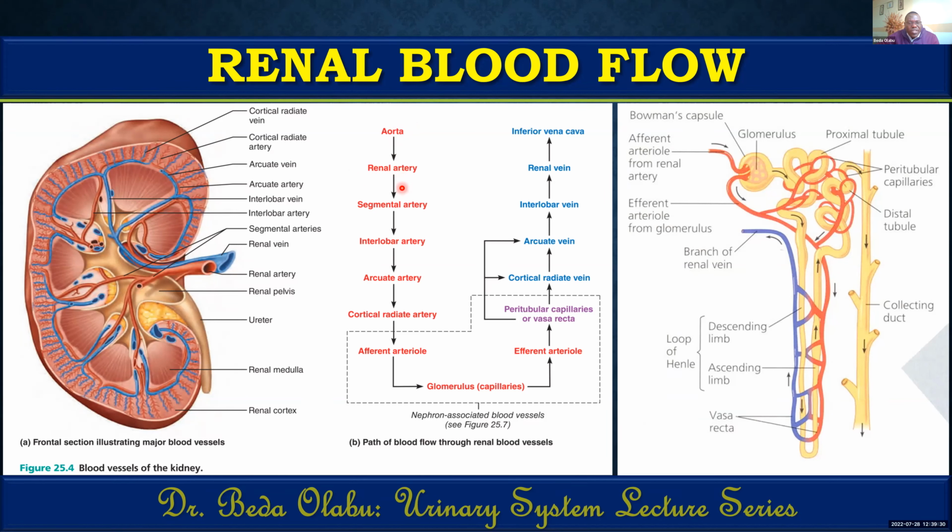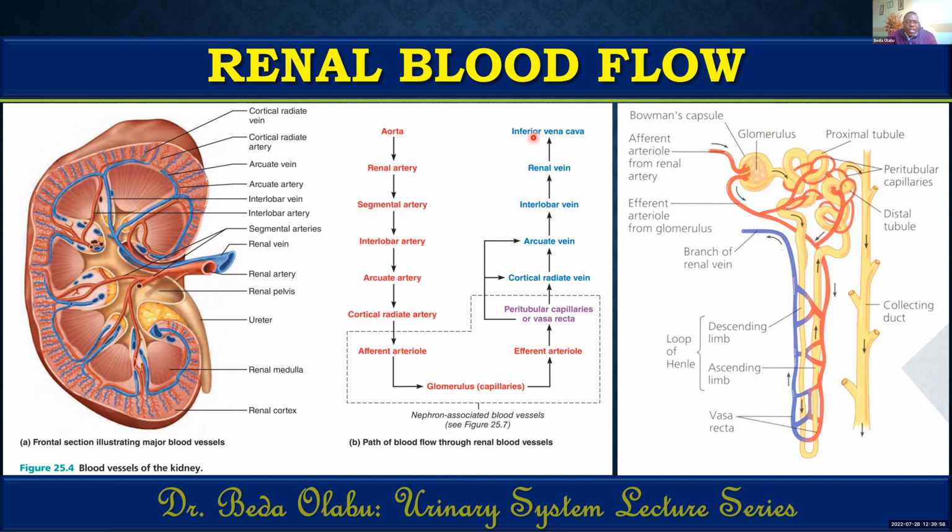Remember, there was an anterior and posterior division here, then segmental, there are 5 segments, then interlobar, then arcuate, then corticoradiate, which is also called the interlobular, which gives the afferent arteriole, then glomerulus, then efferent arteriole. Then we have the peritubular capillaries and the vasa recta, and then going again, forming the veins back to the renal vein, then drain to the inferior vena cava.